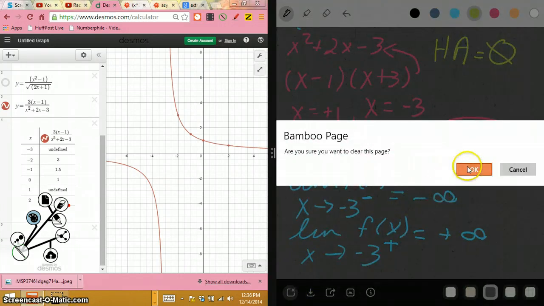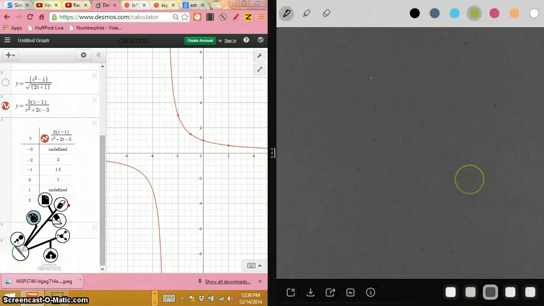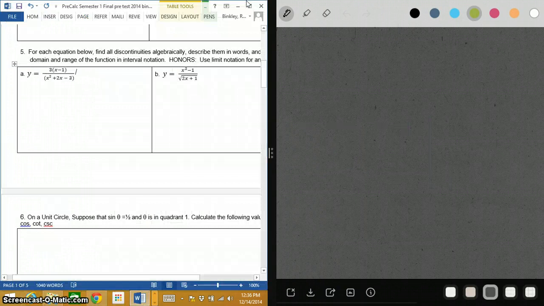That leaves us one more thing we need to do, and that is to write the domain and the range in interval notation. After all of that work we did with our vertical asymptotes, let's just use that -3 and the 1.